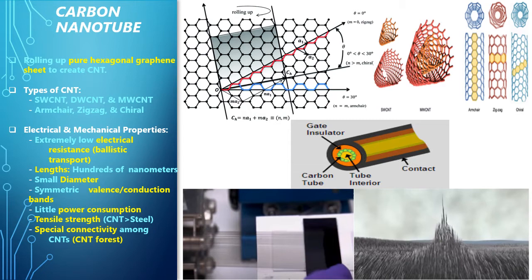This carbon nanotube forest helps to create tennis rackets, bicycle bumpers and frames, and high-end car bodies. These are a few applications of carbon nanotubes.